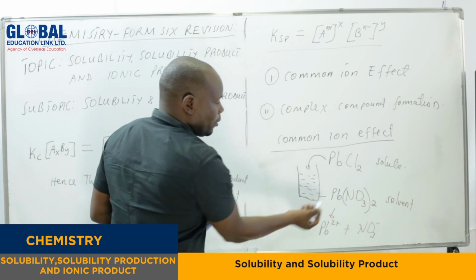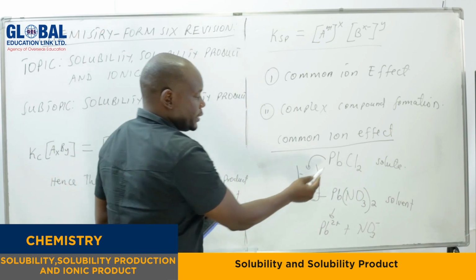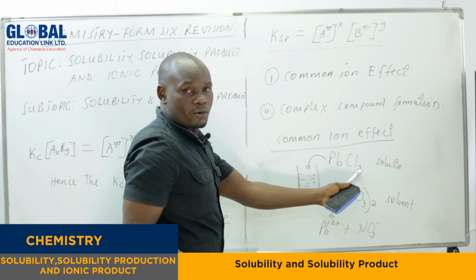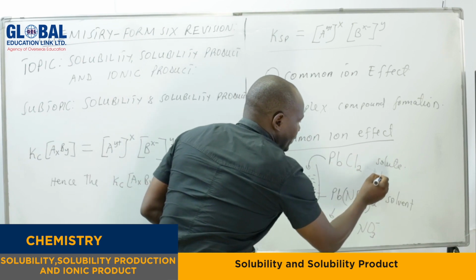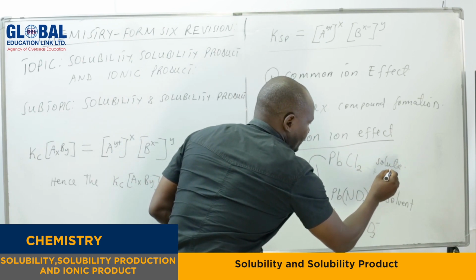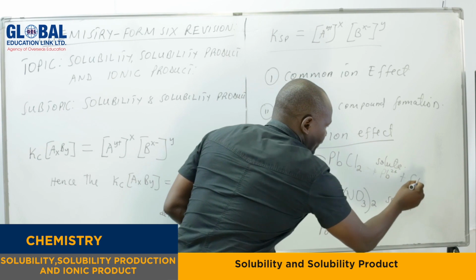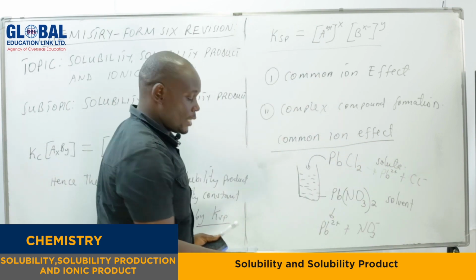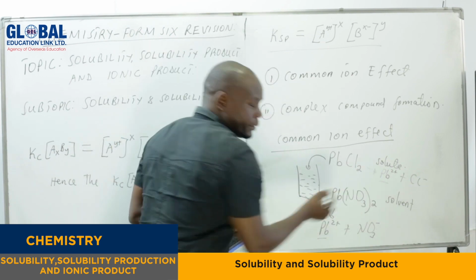What our solute contains when added into it are the ions lead and chloride. So do you see now what is common here? The ion which is common is lead.